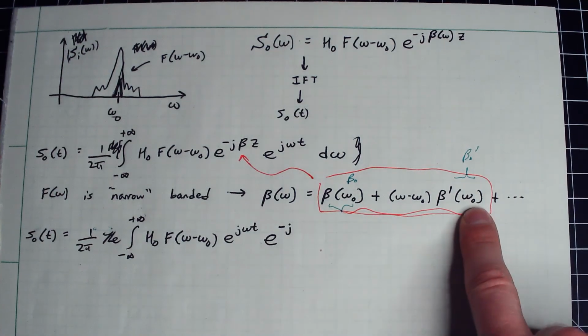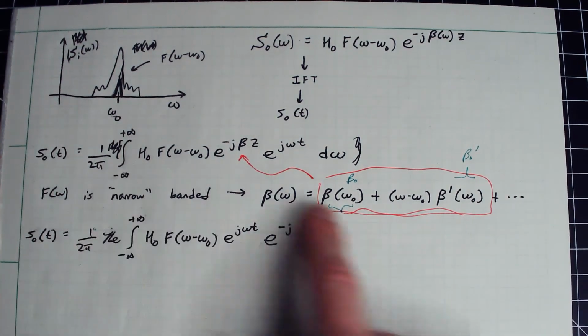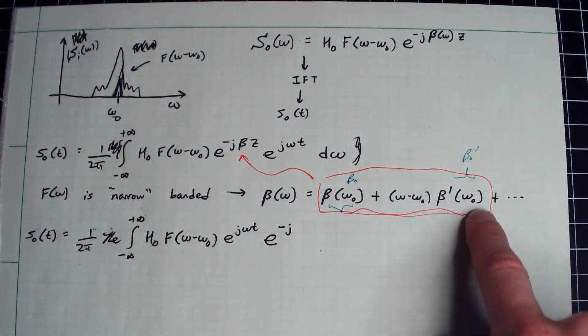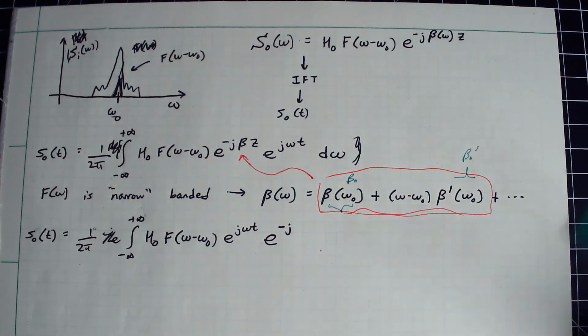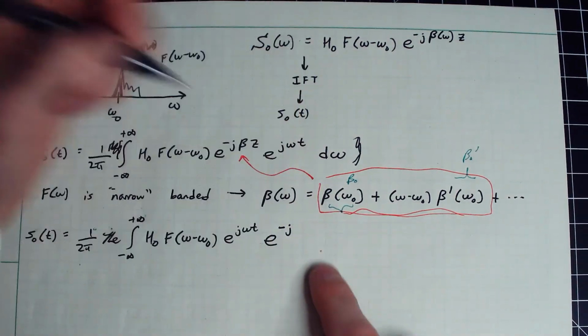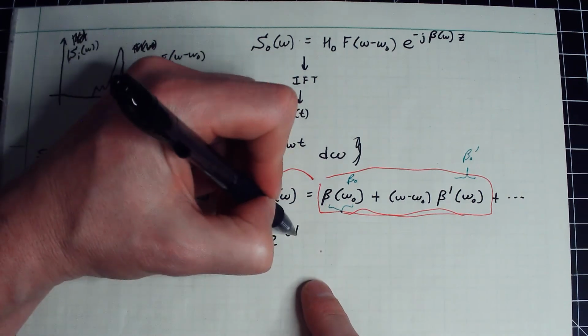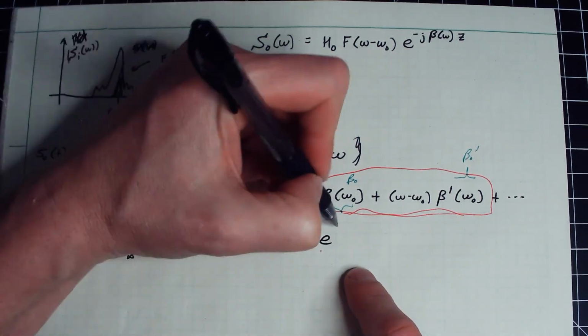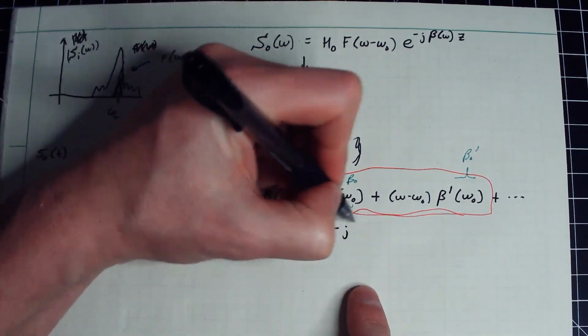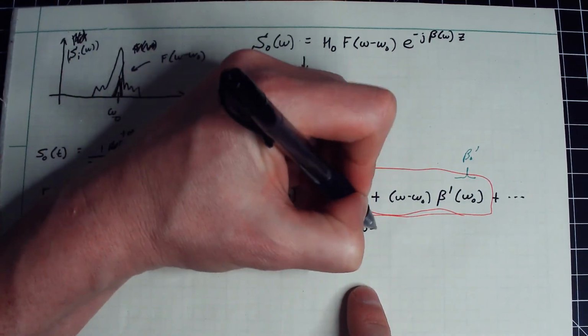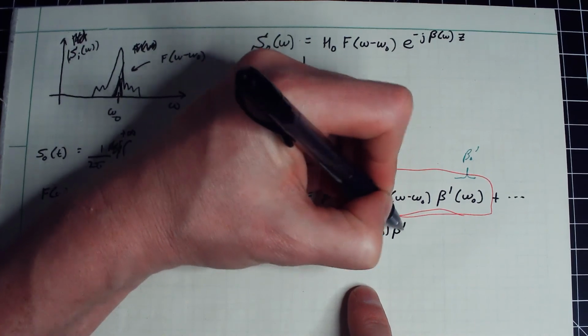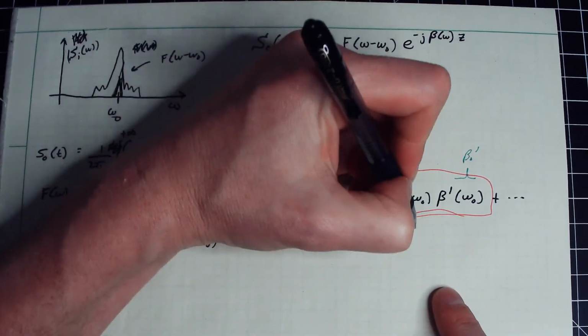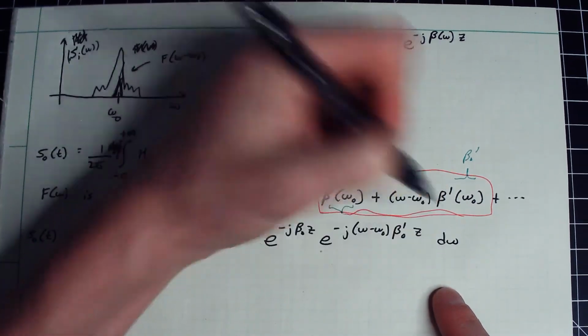So it's beta evaluated at omega naught, the carrier frequency, and the derivative evaluated at that. So what you will get is e to the j beta naught z, and then I'll have an e to the minus j, and then there'll be an omega minus omega naught beta prime naught times z d omega.